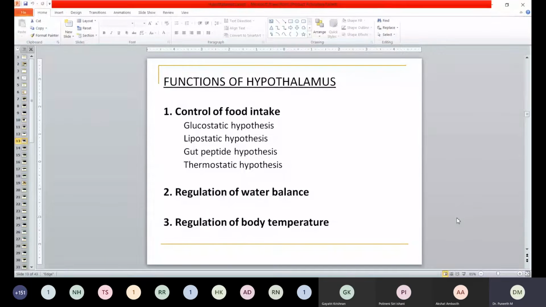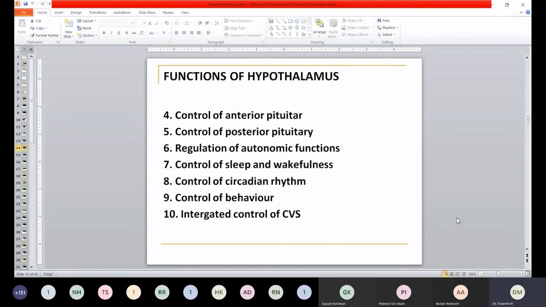The other functions which I will be discussing in today's class are regulation of water balance, regulation of body temperature, controlling the anterior pituitary gland, controlling the posterior pituitary gland, regulating the autonomic functions, control of sleep and wakefulness cycle, control of circadian rhythm, control of behavior, and lastly, the integrated control of the cardiovascular system.